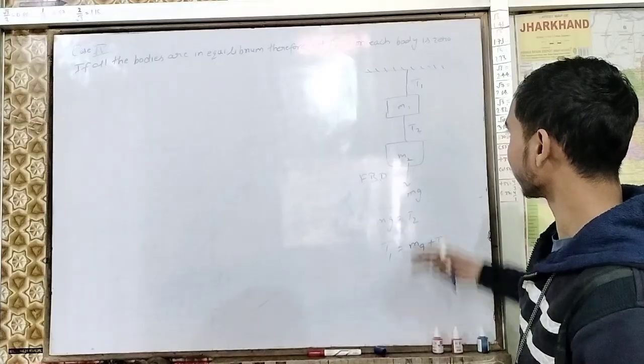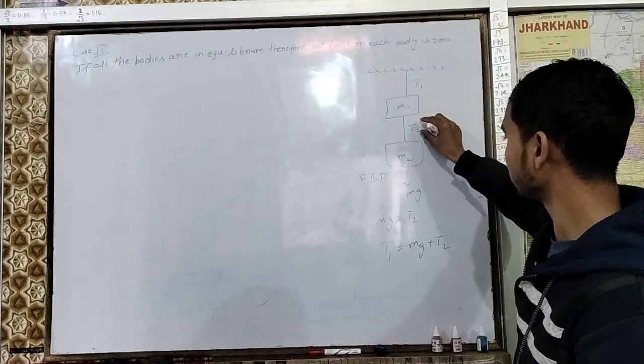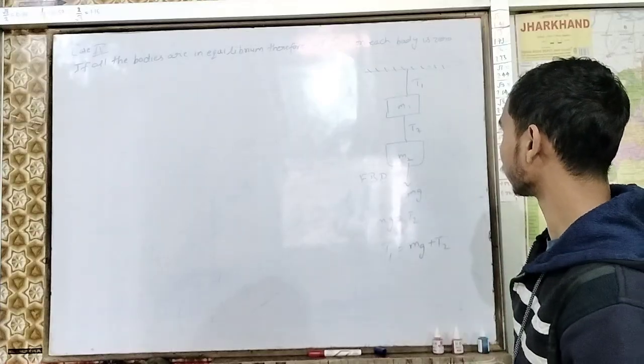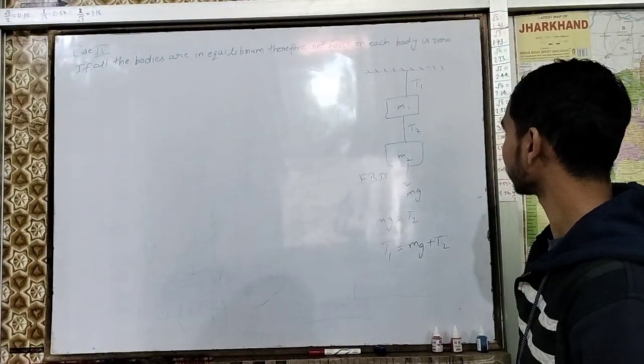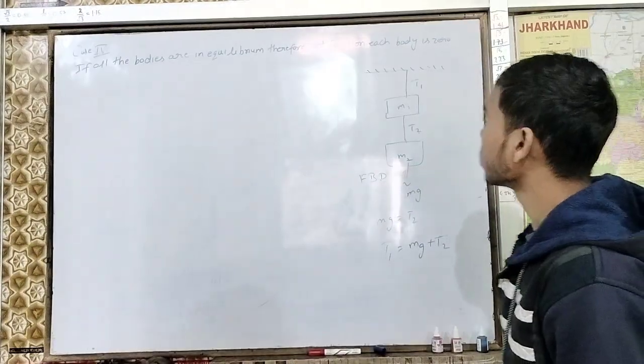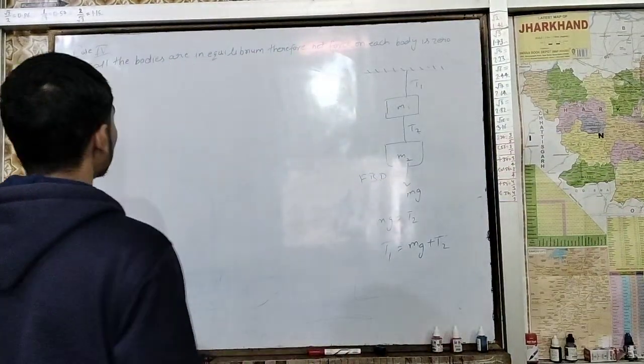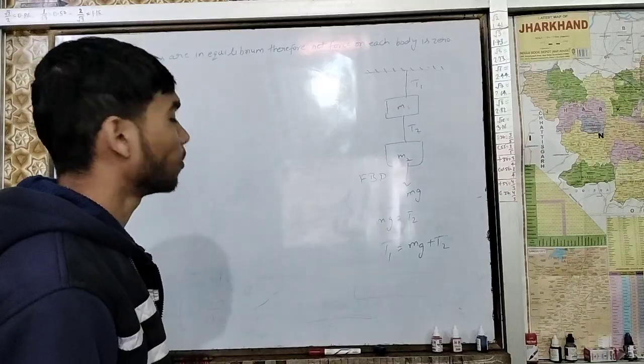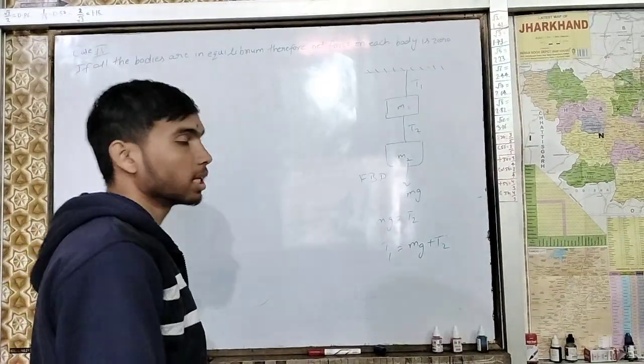There are two forces, T2 and M1g, two forces. If all the bodies are in equilibrium, it means velocity is constant or bodies are at rest.